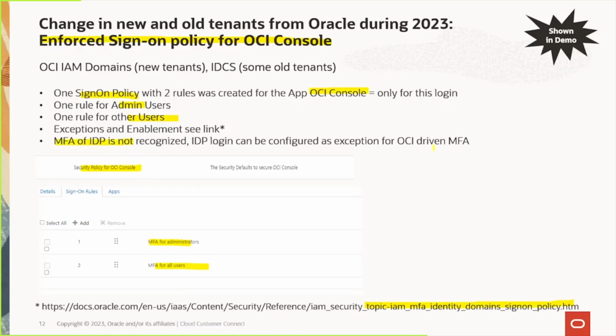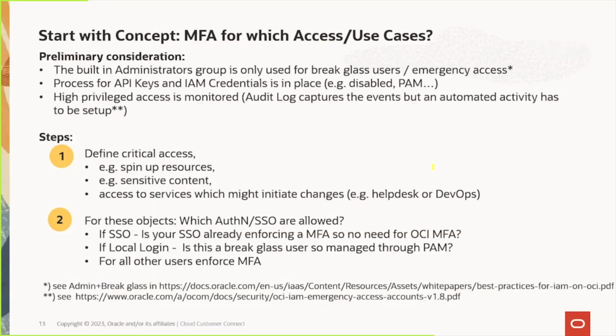So if you have, for example, Azure and have your MFA on Azure, then this rule would still trigger. So you will go here and make some customizations, for example, to accept other login mechanisms where MFA has already been enforced. So I will show how this can be added as an exception.